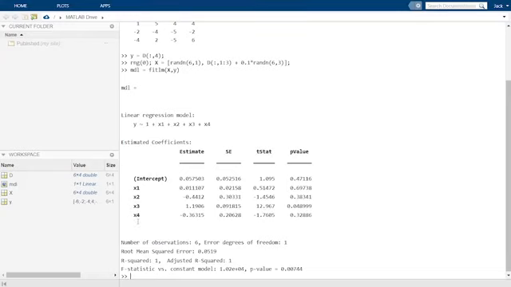The first column of the table under Estimate provides the scalar multiple of each term in the linear model. Thus, our equation is y is equal to a constant, 0.06, plus feature 1 times 0.01, plus feature 2 times -0.44, plus feature 3 times 1.19, plus feature 4 times -0.36.